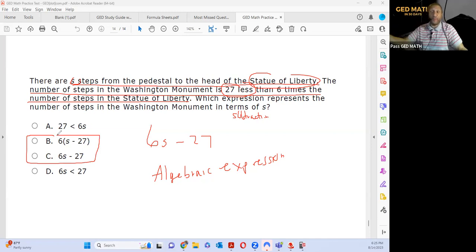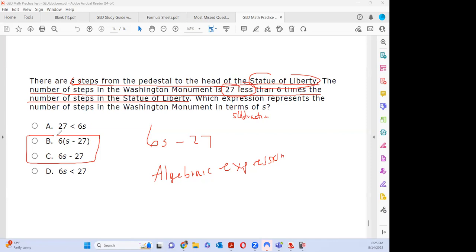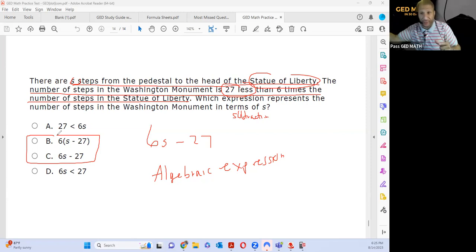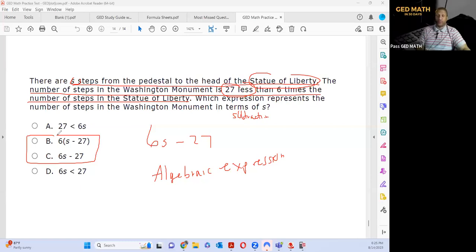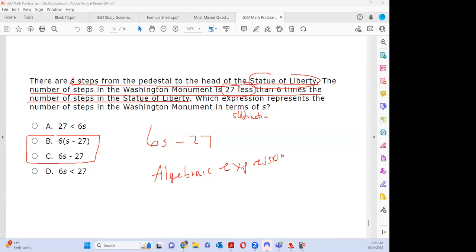Because 6 is still being multiplied in B, right? The difference is you're looking for the quantity of. That's how you know to use parentheses. You see the quantity of. So if it said 6 times the quantity of, then you're using parentheses. So you need those key terms. Everybody understand that? Yes. Okay, very good.